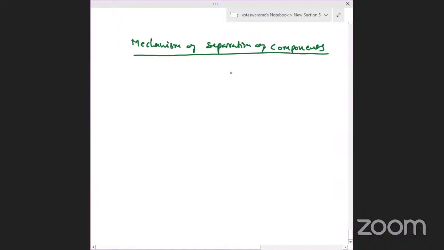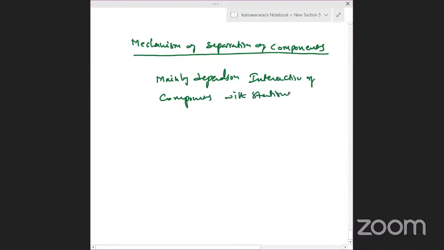The type of interaction also influences the separation.